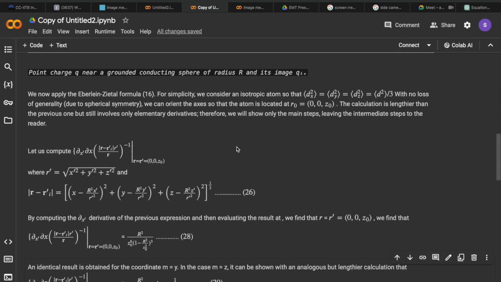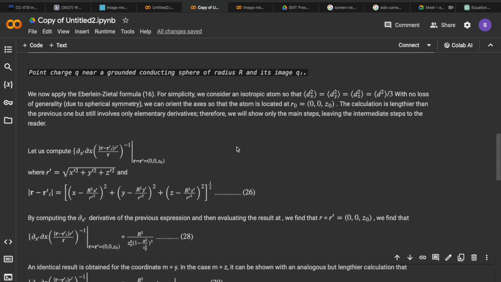In this scenario, the grounded conducting sphere acts as a boundary condition that influences the behavior of the electric field surrounding the atom. The image charge placed using the image method helps simplify the analysis by effectively incorporating the effect of the conducting sphere into electrostatic calculations. By considering the potential created by the image charge, we gain valuable insights into how the presence of the conducting sphere alters the electrostatic interaction between the atom and its surroundings.